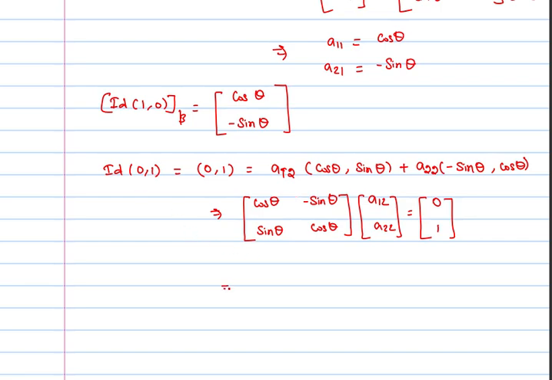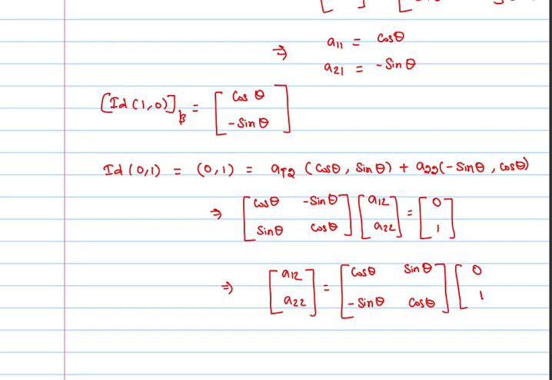So A12, A22 equal to the transpose, cos theta, minus sin theta, sin theta, cos theta, multiplied by 0, 1.